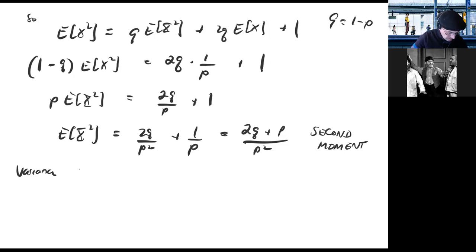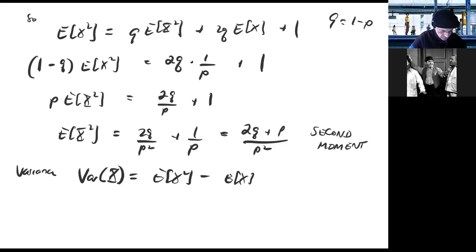So the variance of X is given by E of X squared minus the quantity E of X, quantity squared. And what is 2q plus p?